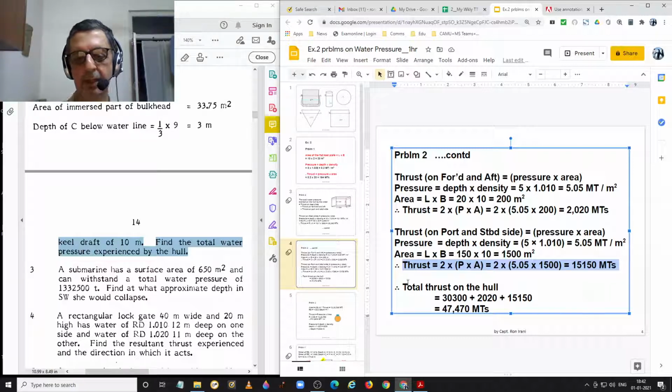Thus the total thrust on the hull is the sum of all these three answers that we have calculated, for the keel, for the hull forward and aft, and for the hull on the port and starboard sides, giving us the total thrust on the hull equal to 47,470 metric tons.